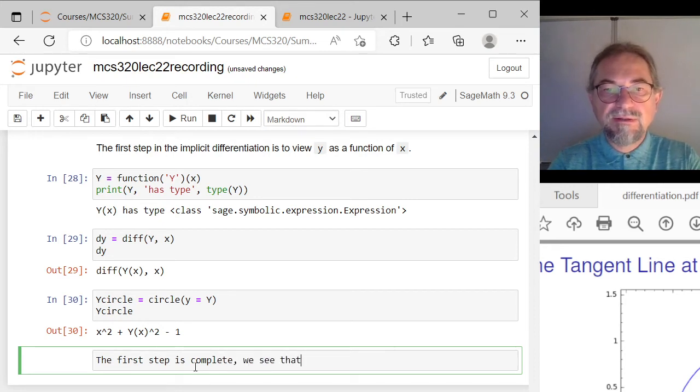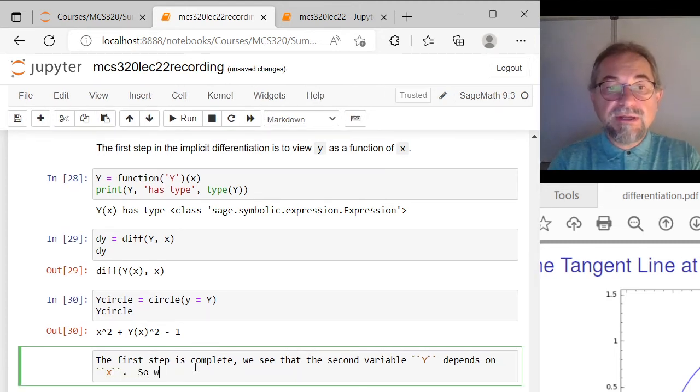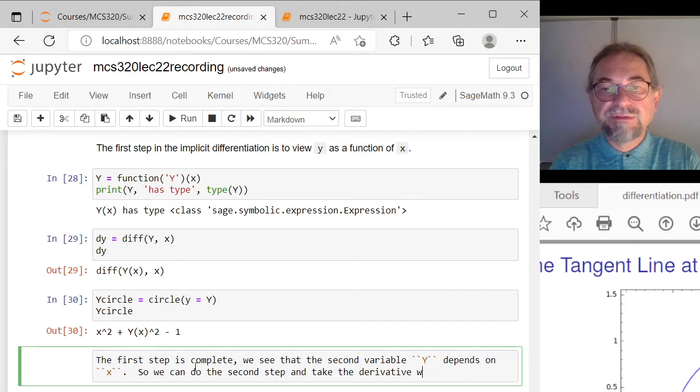We see that the second variable, now it is the capital Y, depends on x. So we can start the second step and take the derivative of y circle with respect to x.